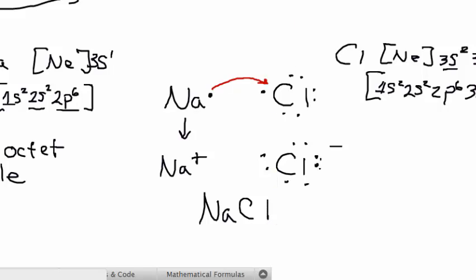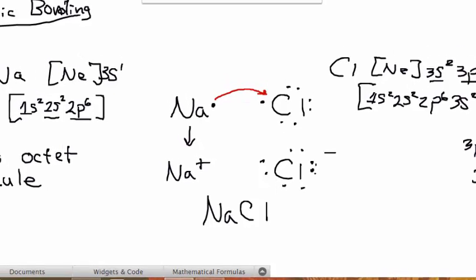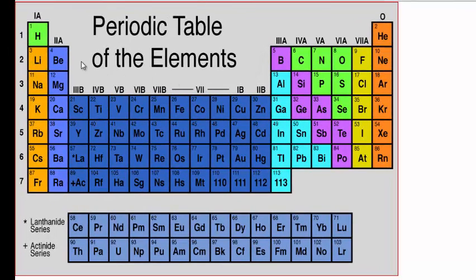Now we can do the same sort of thing with all kinds of different metals and nonmetals. For example, calcium and nitrogen. Calcium has 2 valence electrons and they are paired. If you don't remember how to do that, get yourself a periodic table, and make sure you know how to get the number of valence electrons by looking at where the element is.